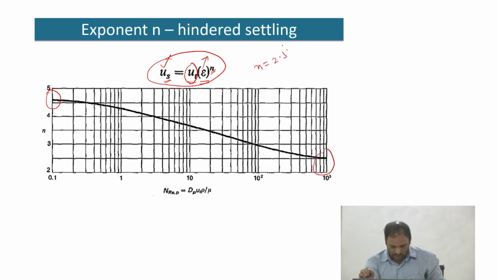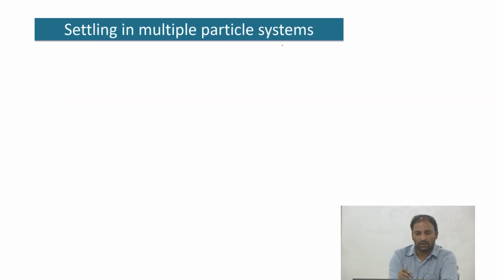That's what we said. Then we wanted to set this problem up. If you really want to look at the settling velocity in the multiple particle system, you can start by assuming a particular settling regime, either Stokes or Newton's, and then write down the working equation for settling for each of these cases.